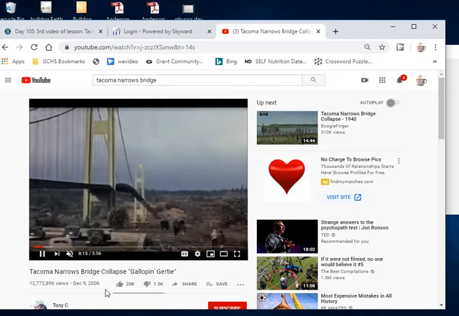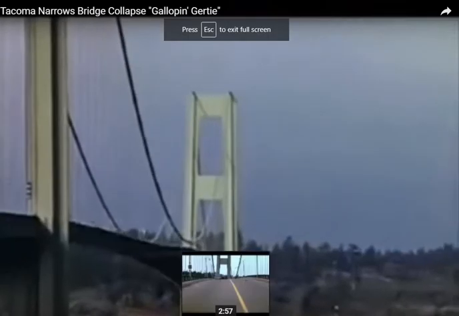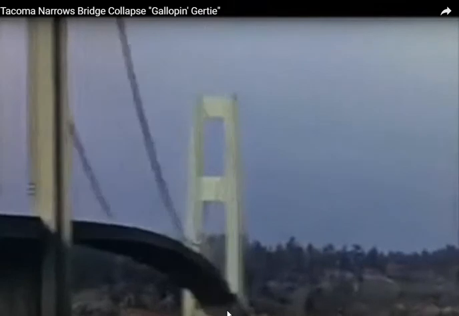This is steel and concrete twisting like that. That is not sped up either. That's how it was looking.